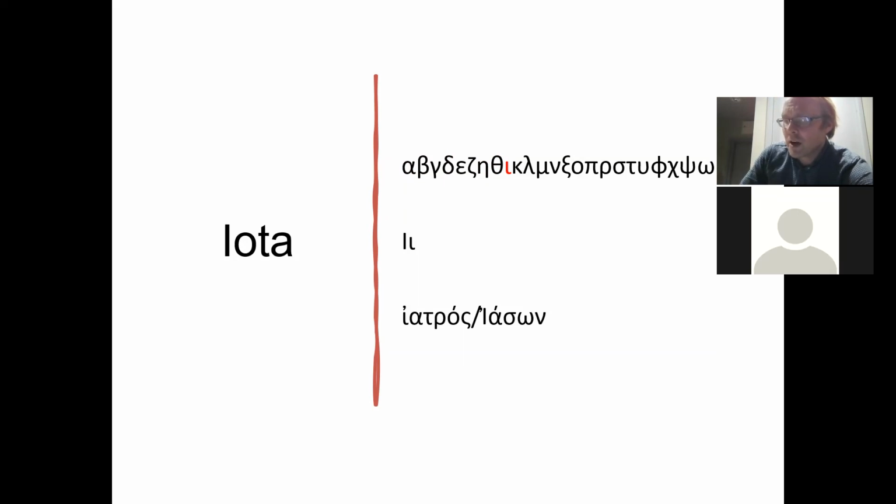The I sound we find in the word iatros, which means doctor, and the Y sound is in Jason, who was the leader of the Argonauts. The 10th letter is kappa, which expresses a K sound. We find kappa in the Greek name for Crete, Krete.